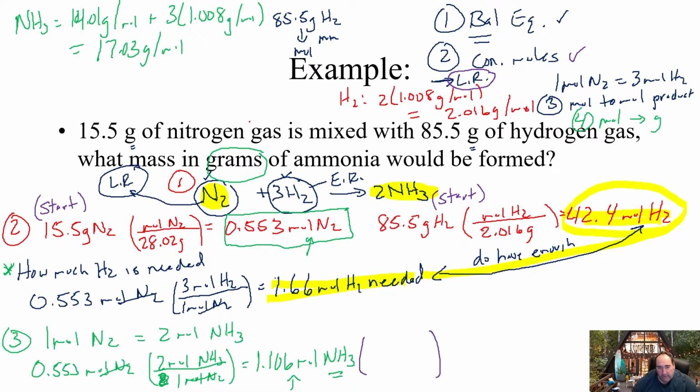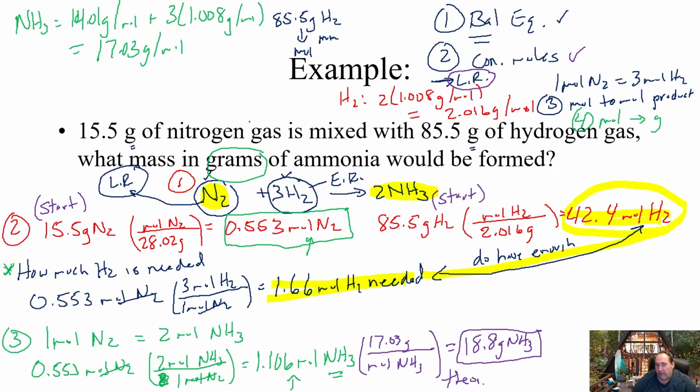We're going to do 17.03 grams per mole of NH3. So that times our original number there that we had, looks like 18.8 grams of NH3 would be how much product we would produce.